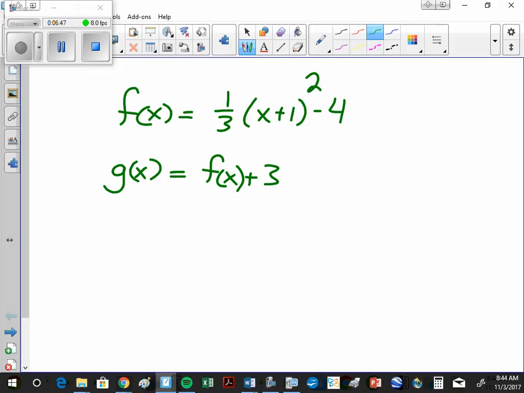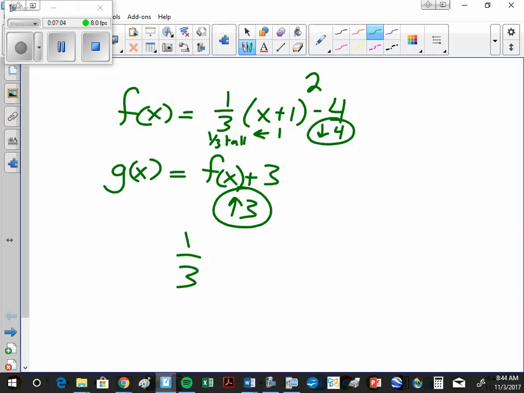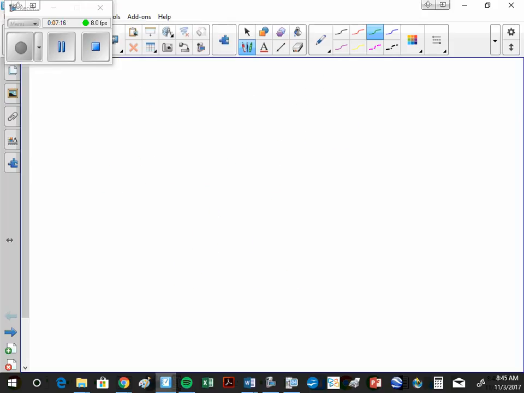So this graph is left 1, 1/3 as tall, and down 4. And this graph is up 3. So I combine the up 3 and the down 4, and I end up with 1/3 times x plus 1 squared minus 1. We good there? Okay.